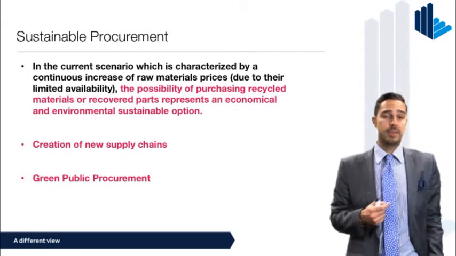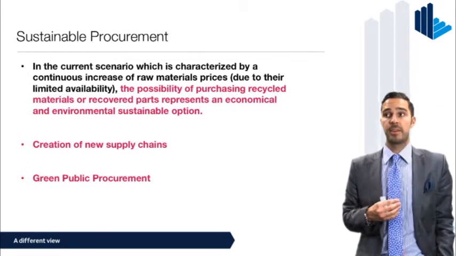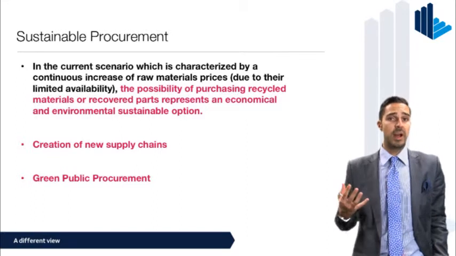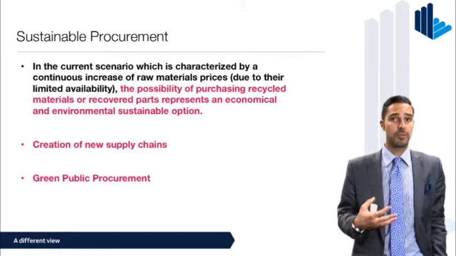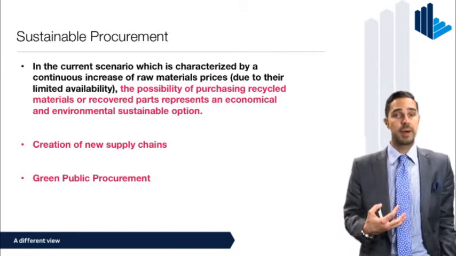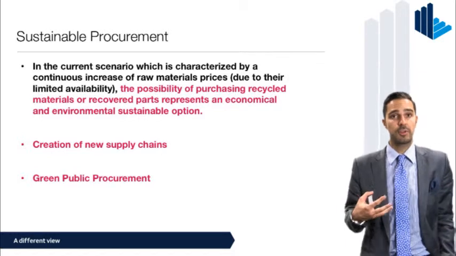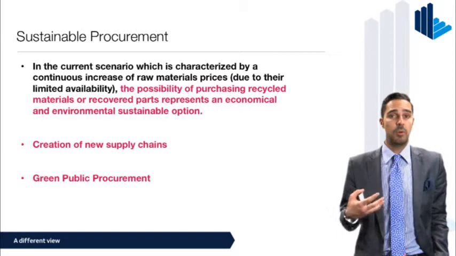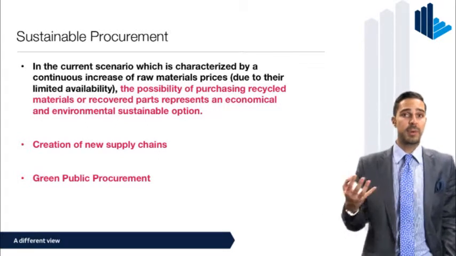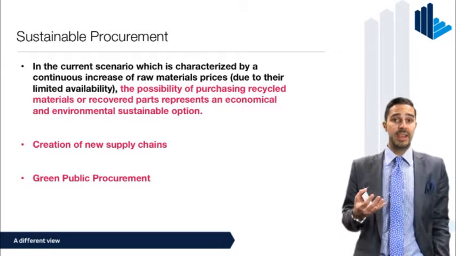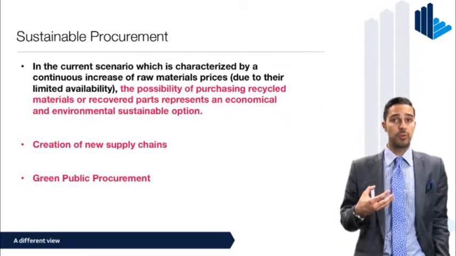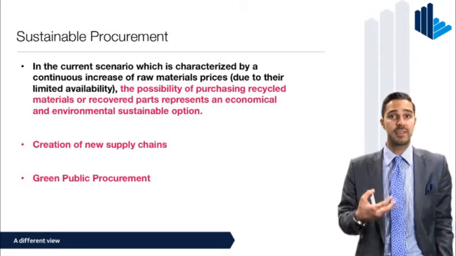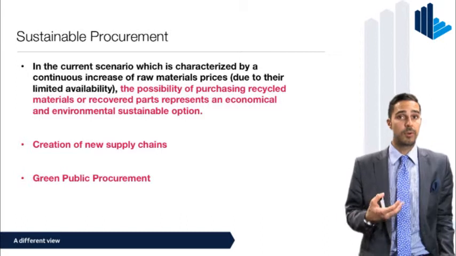Procurement is a very important area. It's typically one of the first actions established by corporations in order to become more sustainable. What this means is that all corporations purchase a lot of materials. They can try to change procurement activities in a way to become more sustainable.